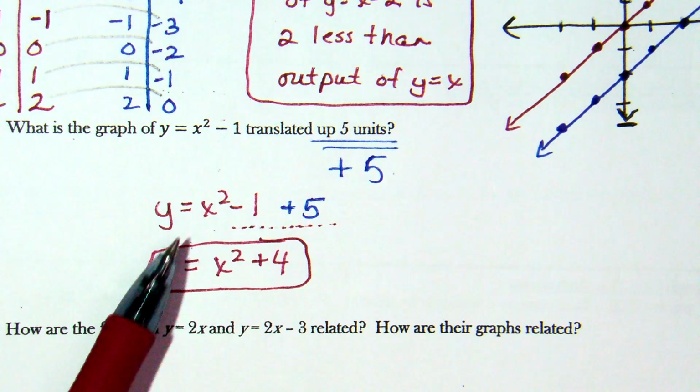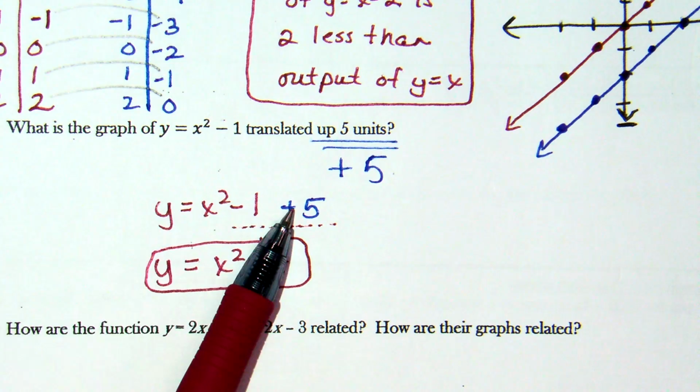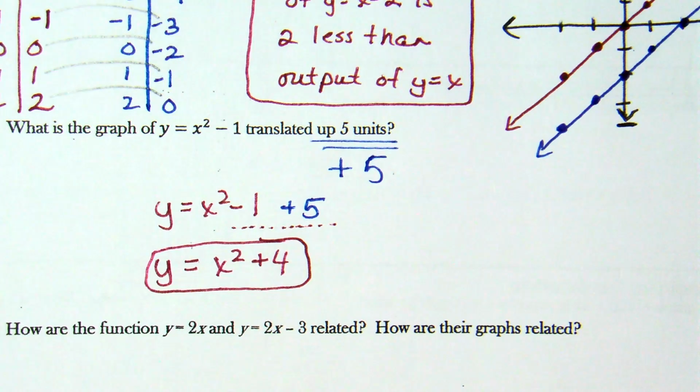But then what does the plus 5 do? It moves it up. Takes it from that minus 1 and moves it up 5. And so now that's a total displacement of 4 because it has moved up 4 total. Okay? So, again, I could graph that, but we've got tons to do. We'll get graphing eventually.